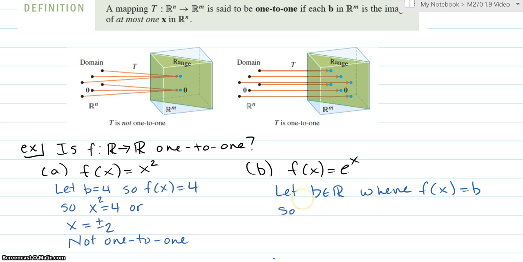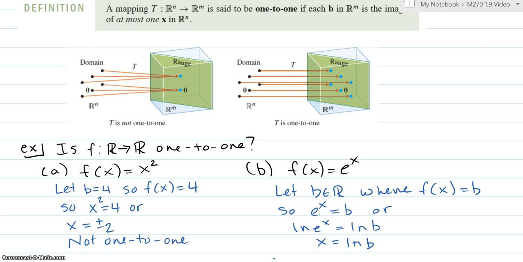So what does this mean? This means e to the x is equal to b. If I solve for x, I could take the ln of both sides, can I? And this would be x is equal to ln of b.